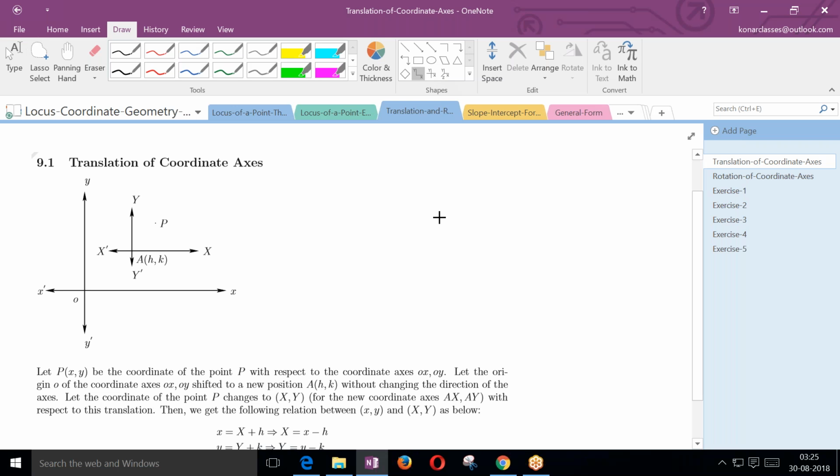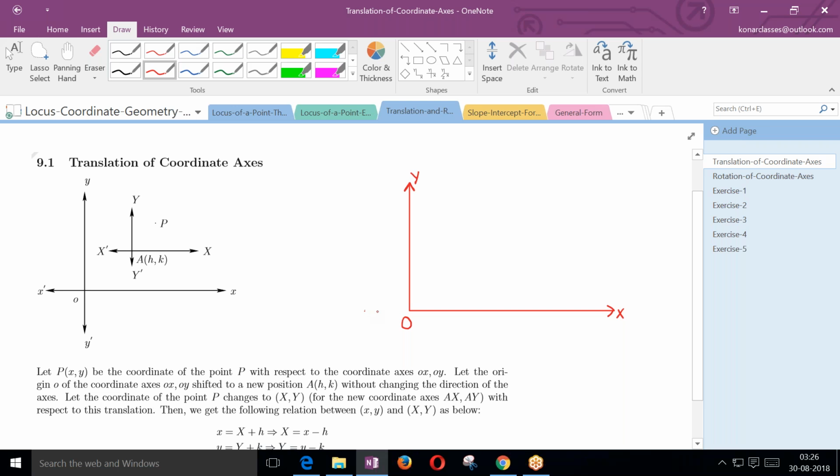So this is the coordinate axis. In this coordinate axis, we know this is the origin, this is the x-axis, this is the y-axis.